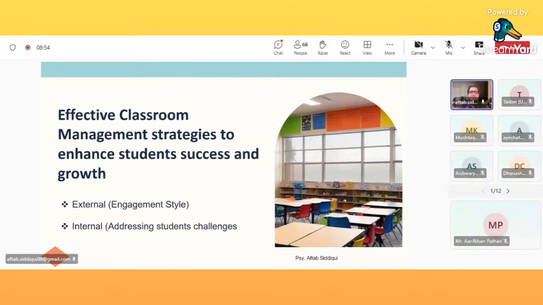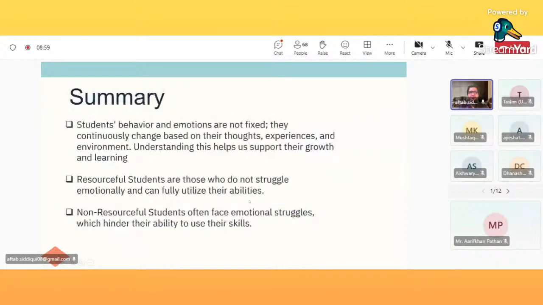Now, if you remember, the summary of the last lecture was that students' behavior and emotions are not fixed. They keep continuously changing based on their thoughts, experiences, and environment. We already learned how students' behavior keeps changing day by day, depending upon what is triggering them, what kind of emotions they are getting, and what kind of life challenges they are facing.